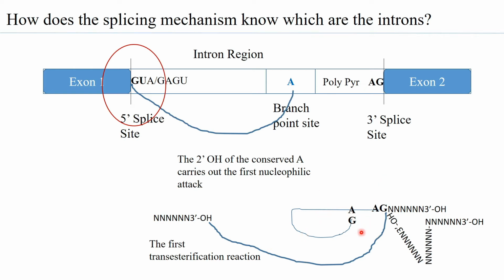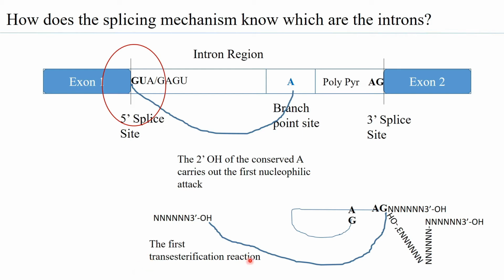Of course, there have been many studies wherein a lariat intron has been converted to a ribozyme that can have catalytic activity. We will take this up in a later session when we talk about self-splicing introns. So this basically is the overall mechanism of splicing, where two transesterification reactions take place.